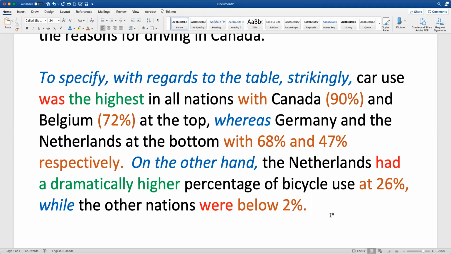How can I start my next sentence? Next sentence. We should compare the higher... Public transport? Also. No, we're going to talk about public transport. So how can I start?